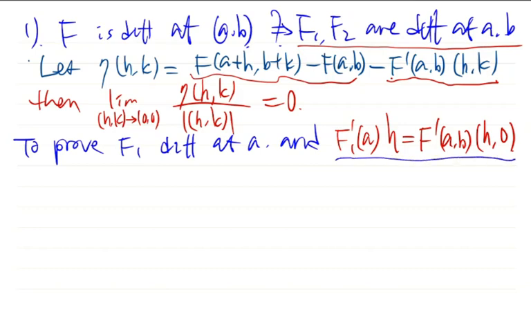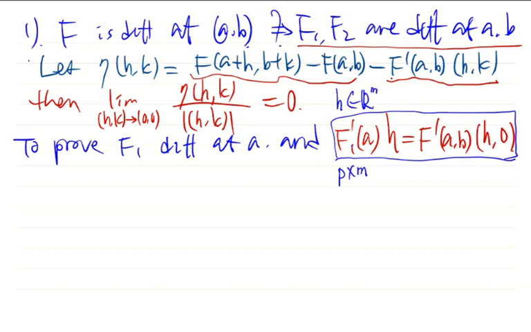So to prove this statement, the differentiability of f1 at the point a and also the formula for computing the derivative of f1 at a. The derivative of f1 at a is a p by m matrix, where h is in R^m.